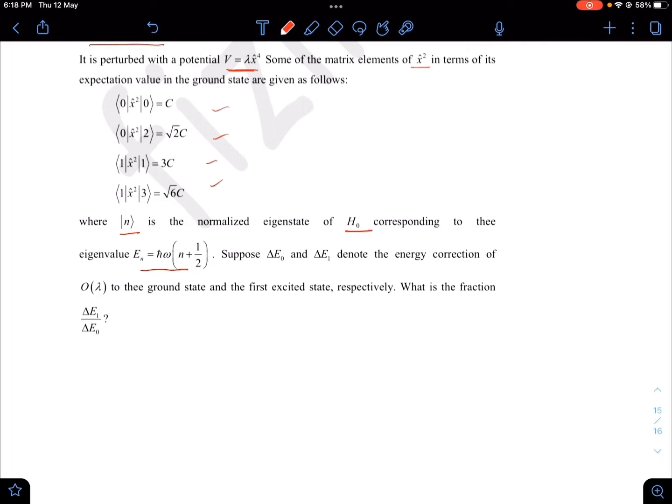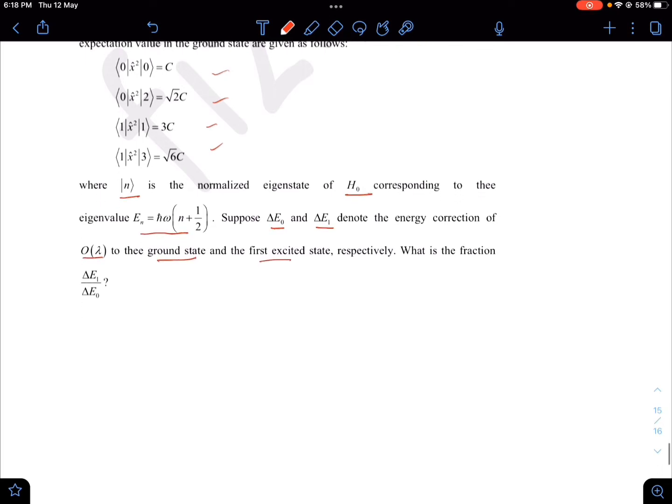Now suppose that delta E0 and delta E1 denote the energy correction of the order of lambda to the ground state and the first excited state. Then we have to calculate the fraction delta E1 by delta E0.